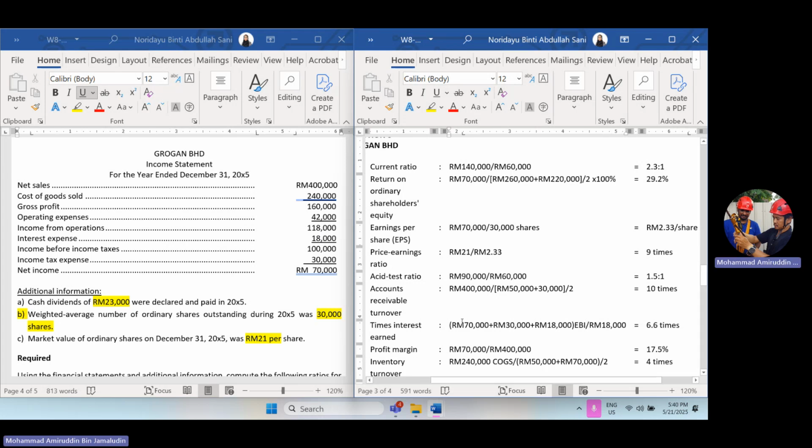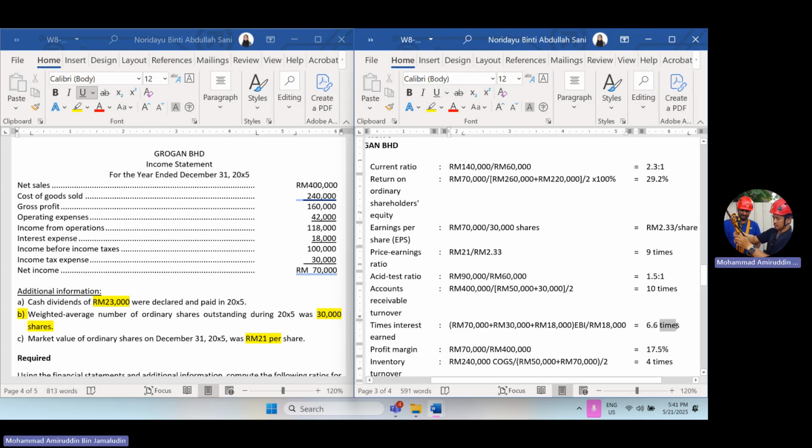Or you see the working, 70 net income, plus your expenses, it's a reverse, plus 30, because this one expenses you minus, right? 70 plus 30 plus 18. I will get this. Same thing. Okay?